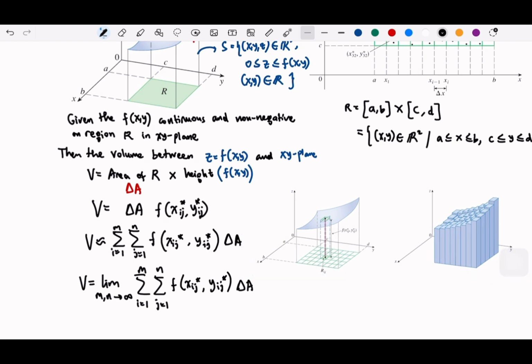So this is the expression to define the volume of the solid S that lies under the graph of f and above R.